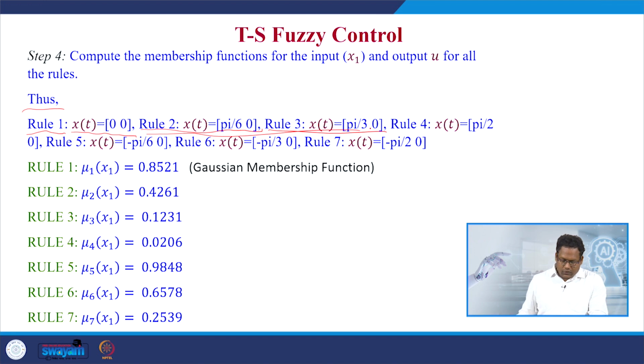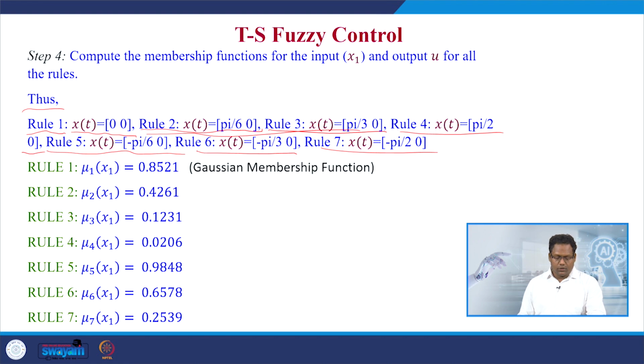So, rule 1 is 0, 0, rule 2 pi by 6, 0, rule 3 pi by 3, 0, and rule 4 pi by 2, 0, and rule 5, rule 6 and rule 7 are for minus values: minus pi by 6, 0, minus pi by 3, 0, and for rule 7 minus pi by 2, 0.